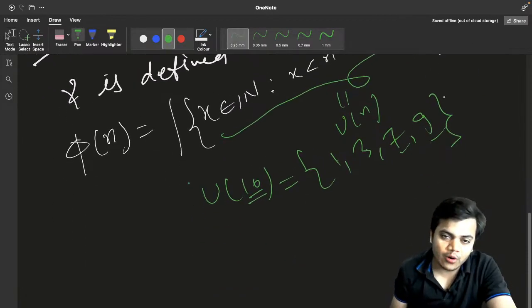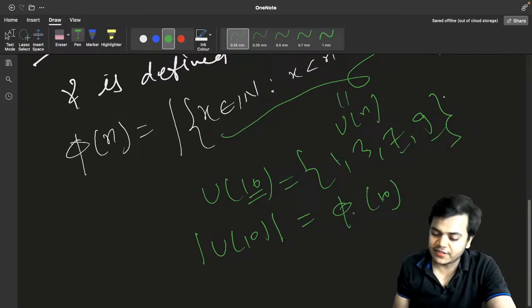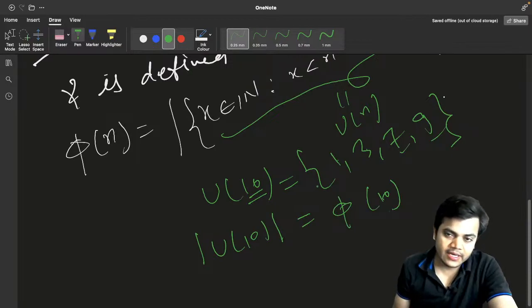The order of U10 is given by phi of 10, which is 4, because the number of elements in U10 is 4.